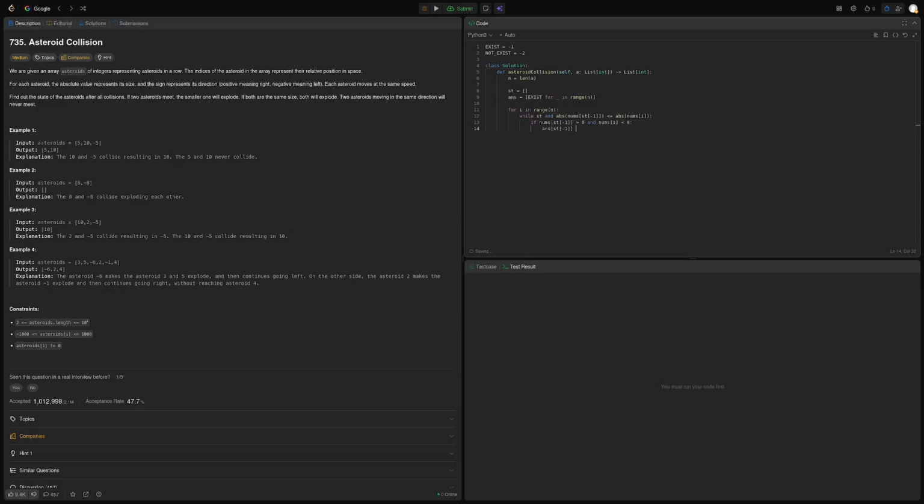Then ans of minus 1 is equal to, it will not exist, and then it will not exist, and then something happens.